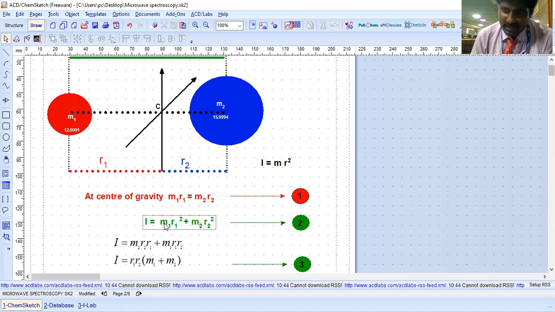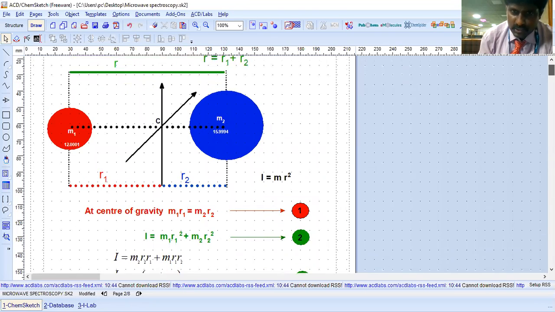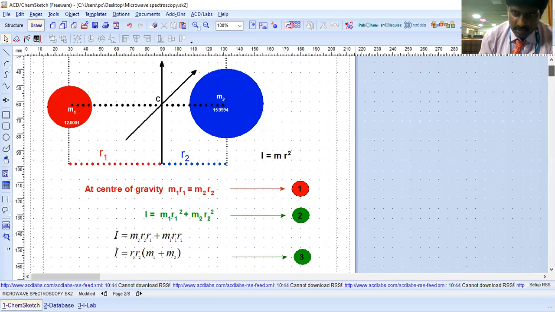Substituting that, we get a simple equation: I is equal to R1 R2 into M1 plus M2. This is equation 3. M1 is the atomic mass of the carbon and M2 is the atomic mass of the oxygen. Now, M1 R1 equals M2 R2.